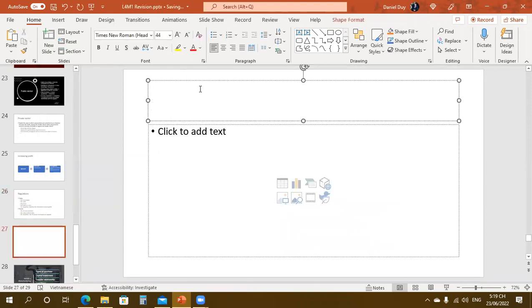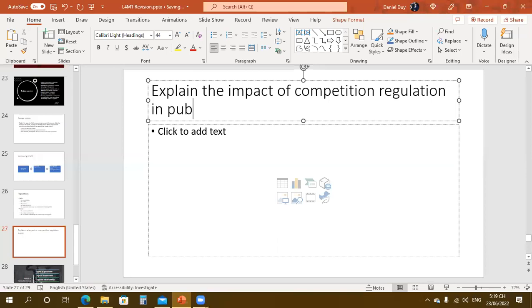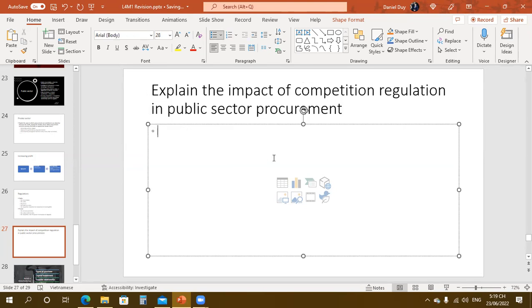Let's assume that the question is: explain the impact of competition regulation in public sector procurement. I just assume. I cannot know what exactly your question is.